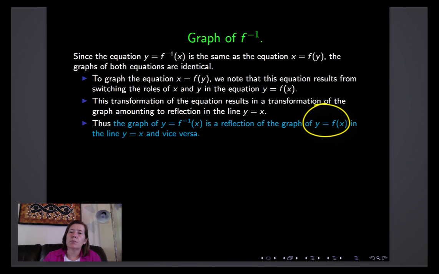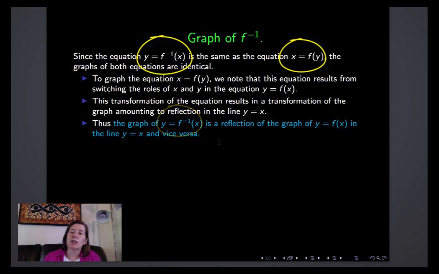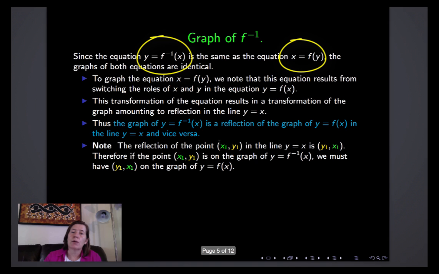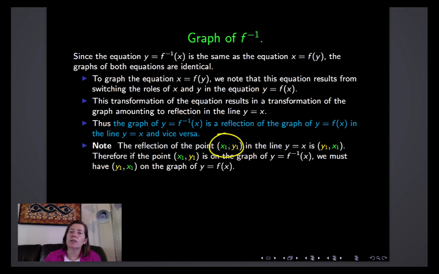Because to get from here, y equals f of x, to here, y equals f inverse of x, we're just switching x and y in the equation. Recall that the reflection of the point (x1, y1) in the line y equals x just switches the x and the y values. So the reflection of that is (y1, x1).